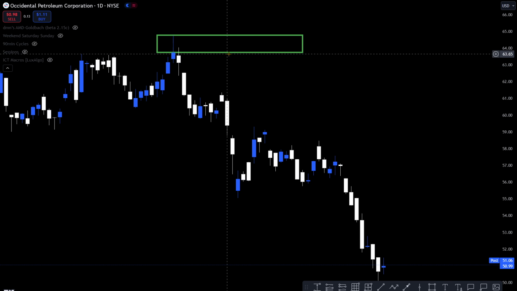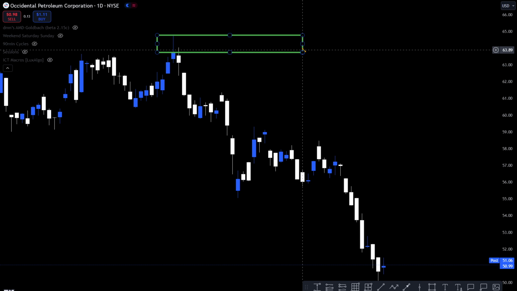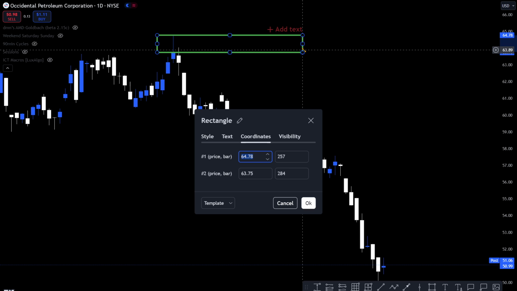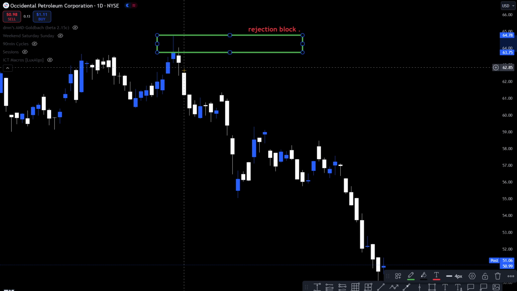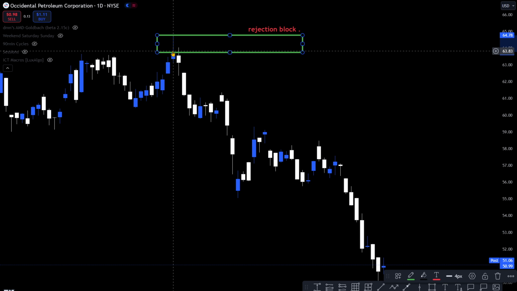Mind you, this wick is a rejection block. Now, it might not look like that because we're on a daily time frame. When we go down a time frame, you'll see the structure of, again, using the wick as a fair value gap by itself.